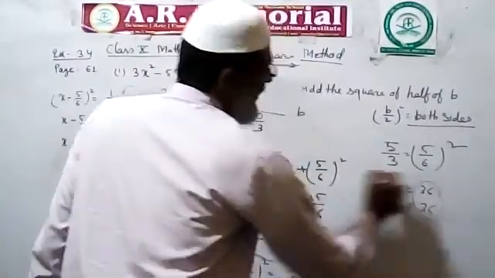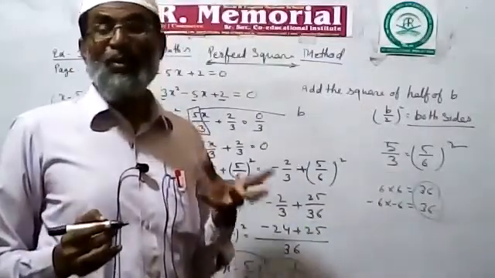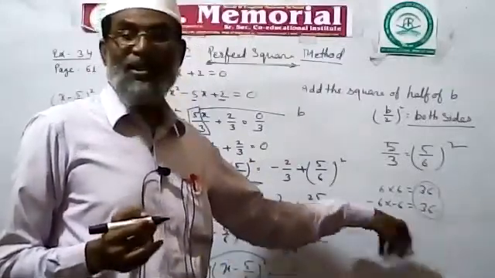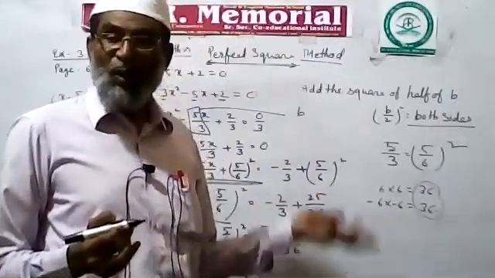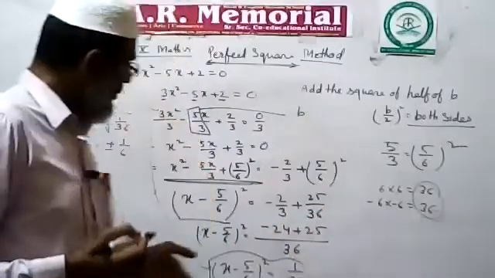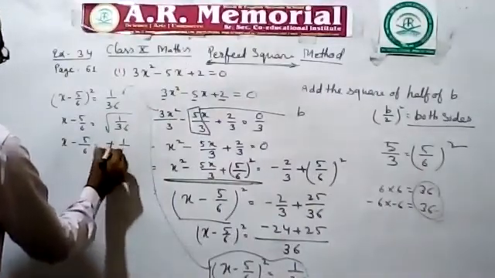So by this 36, we cannot guess whether this product is the result of a negative number or of a positive number. So here we take this number one time positive and one time negative.